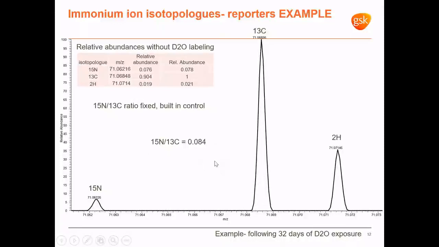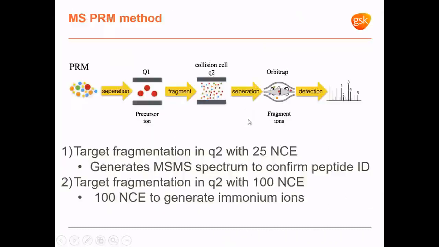So it can be used as a built-in positive control for a stable isotope metabolic labeling experiment, and it seems like a very important quality control readout.